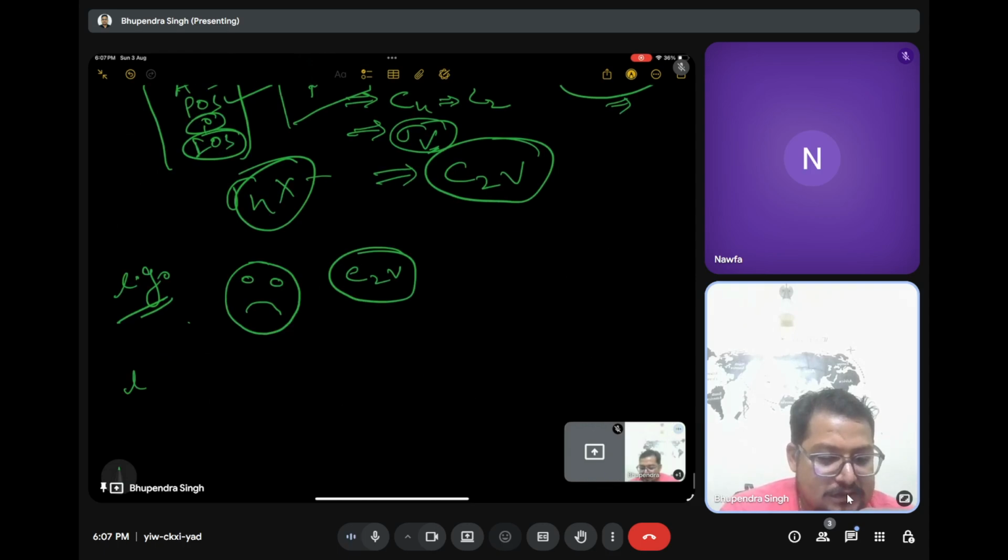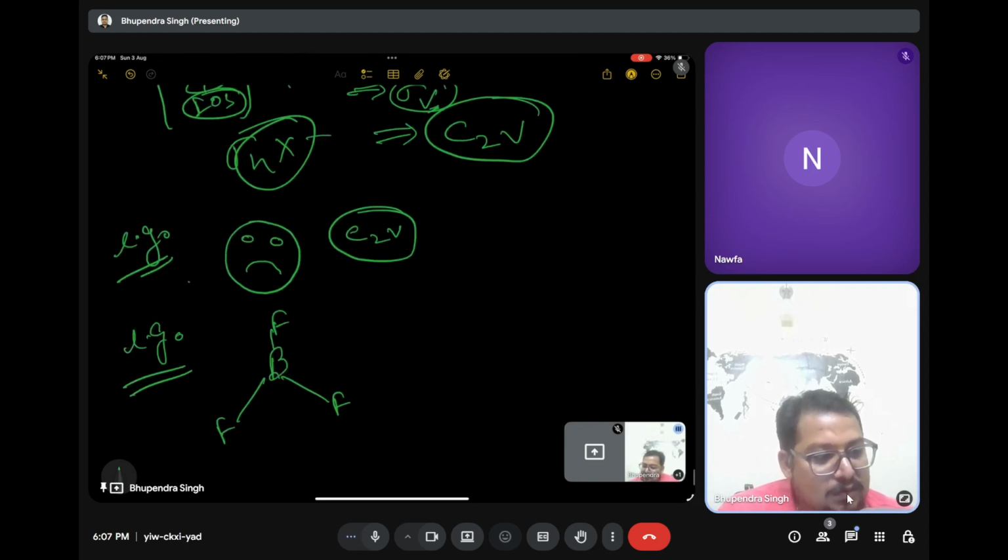Okay. Next example. Since the first class, we are seeing this molecule BF3, H2O. Now we have seen all the symmetry elements and operations. We have seen the flowchart of how to find the point group. Now it's time to find the point group of this molecule.